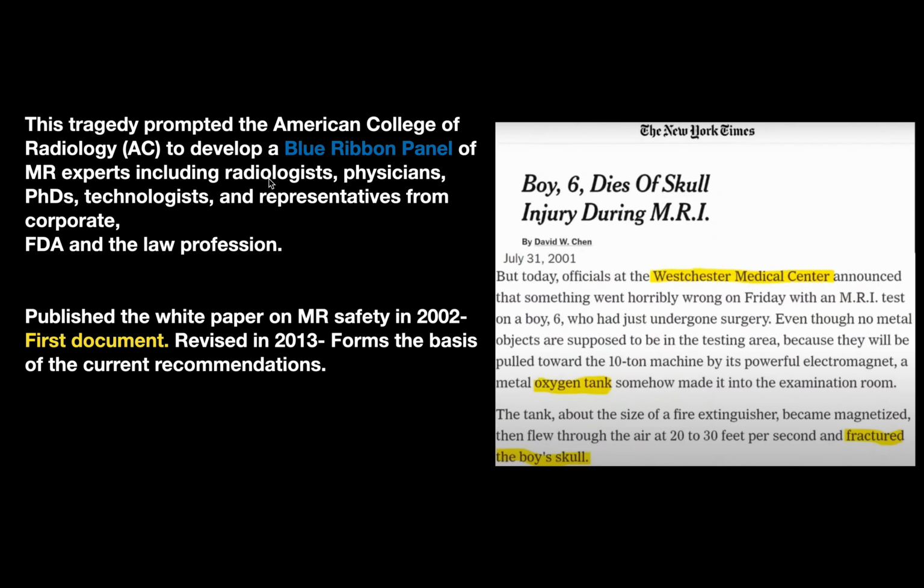This tragedy prompted the American College of Radiology to develop a blue ribbon panel of MR experts including radiologists, physicians, PhDs, technologists and representatives from corporates, FDA and the law professions. They published the white paper on MR safety in 2002, the first document, which was revised in 2013 and forms the basis of current recommendations.